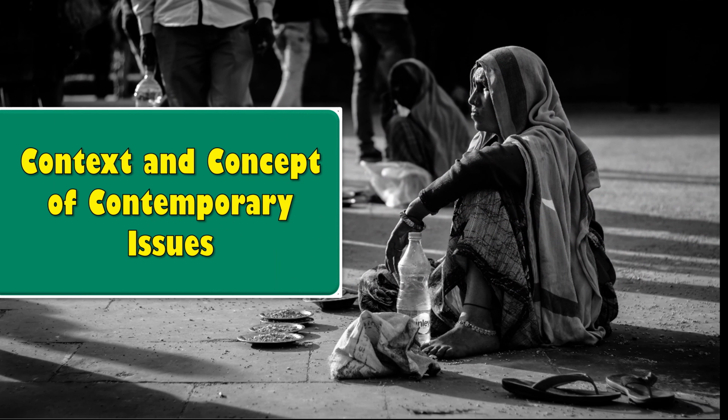The first part is the context and concept of contemporary issues. Many of you might be wondering about contemporary issues. The concept comes from 2 important words, contemporary and issue.